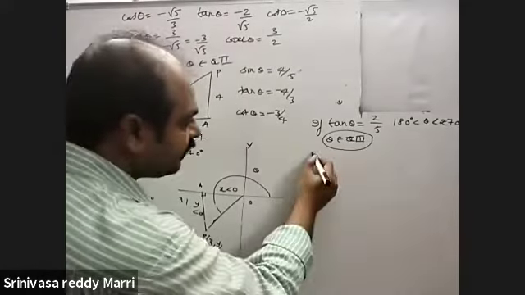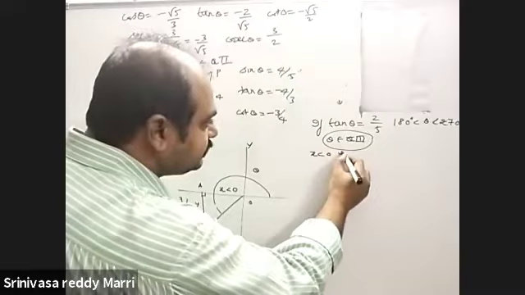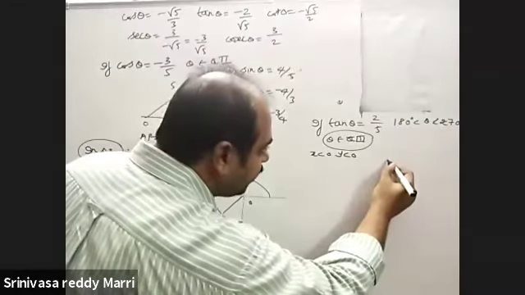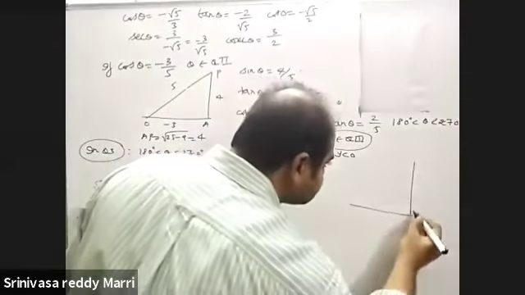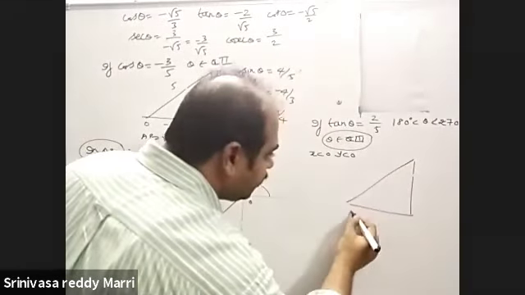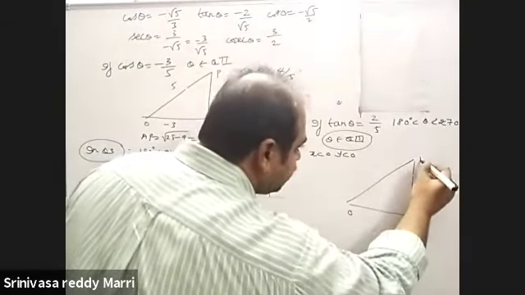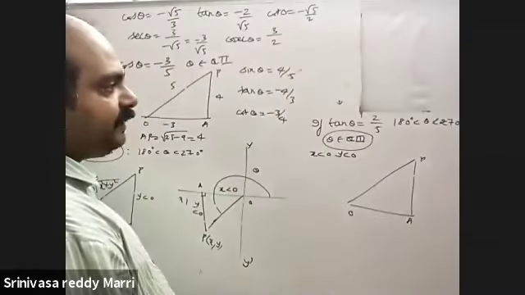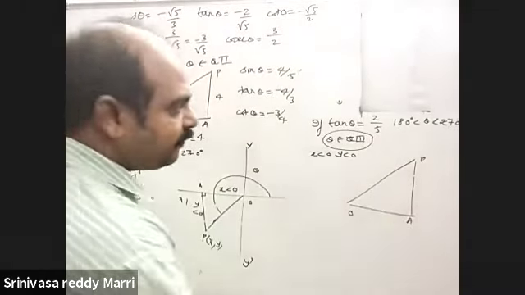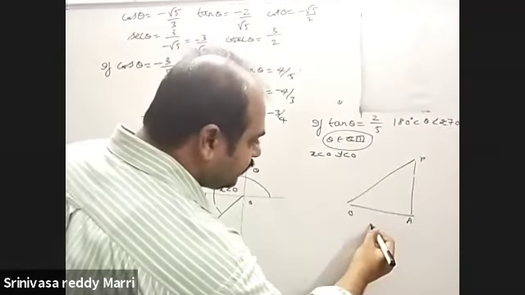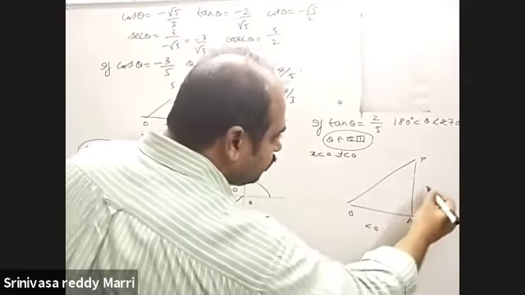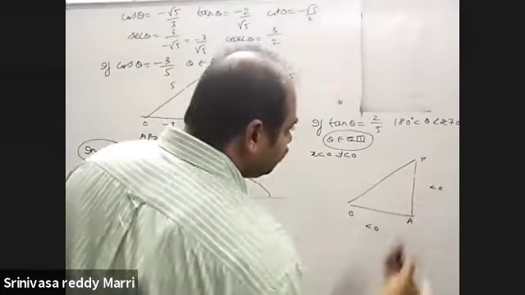In third quadrant, x less than 0, y less than 0. While writing, make a triangle first. OAP, tan theta, opposite over adjacent. Look here, what you have to write? Here a negative quantity, here a negative quantity.